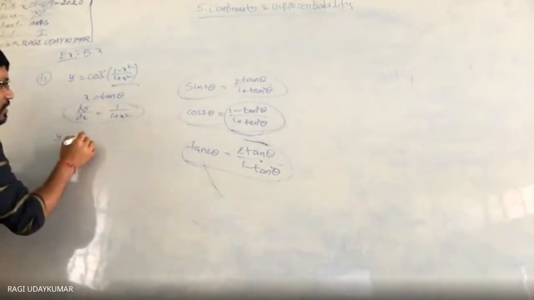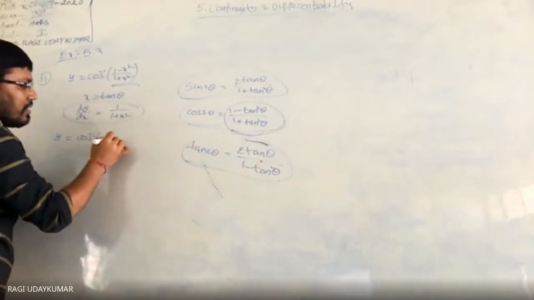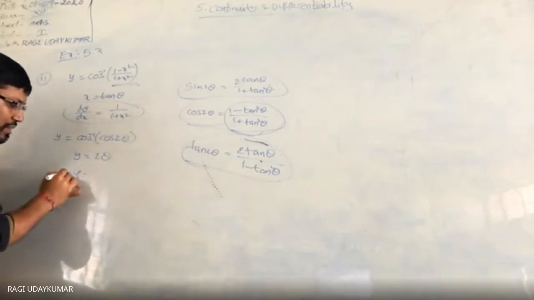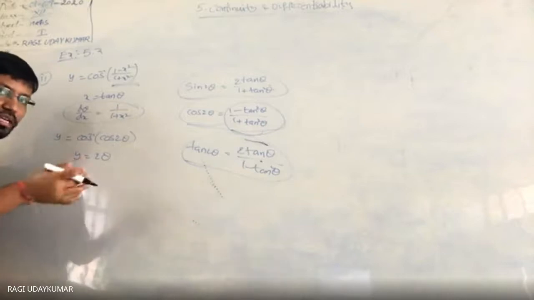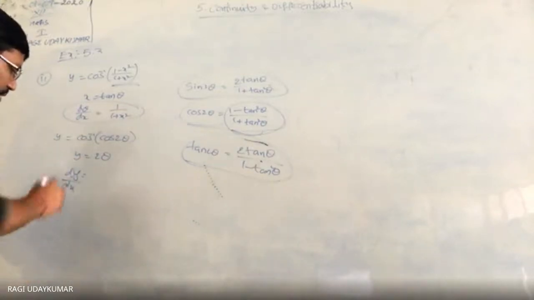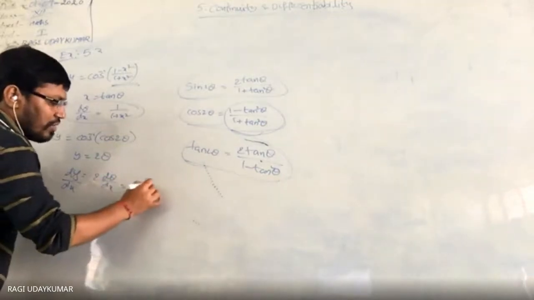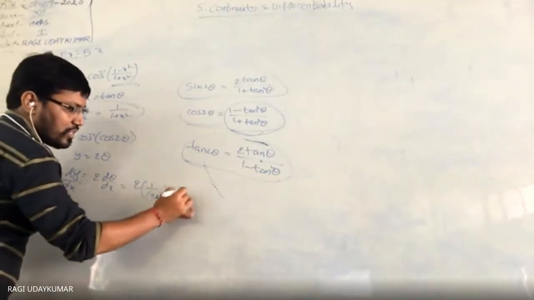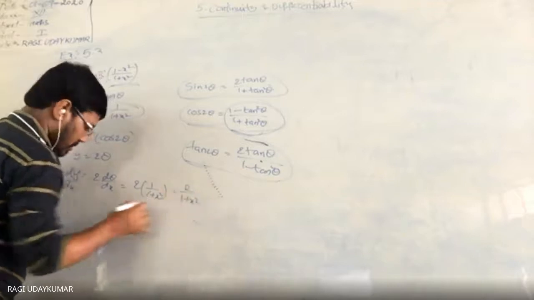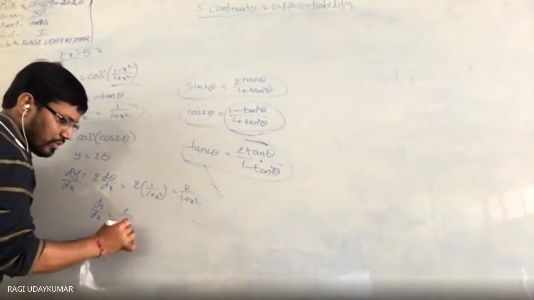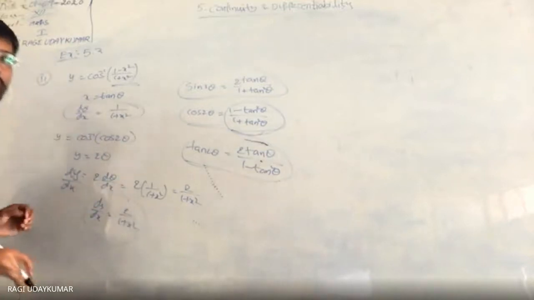So here y is equals to cos inverse of cos 2 theta, so y is equals to 2 theta. I am doing it directly, not solving it completely with the structure. Dy by dx is equals to 2 into d theta by dx, so 2 into 1 by 1 plus x square, which is 2 by 1 plus x square. So dy by dx is equals to 2 by 1 plus x square. Same answer we are going to get.